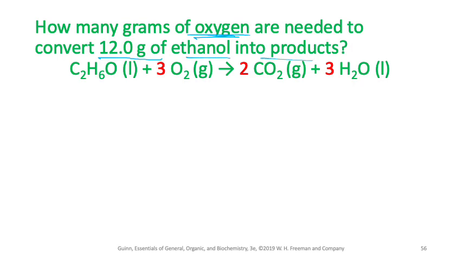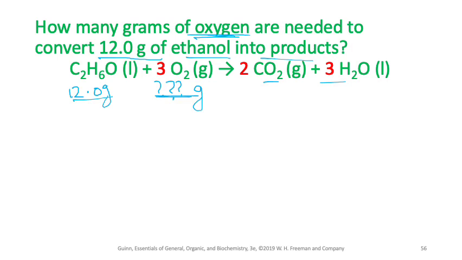So the question is saying, if you have 12.0 grams of ethanol, how many grams of oxygen do you need, so that when they react with 12.0 grams of ethanol, everything combines and converts into a product? So what is the minimum amount of oxygen needed to react with 12.0 grams? Again, this is a problem from mass to mass conversion.